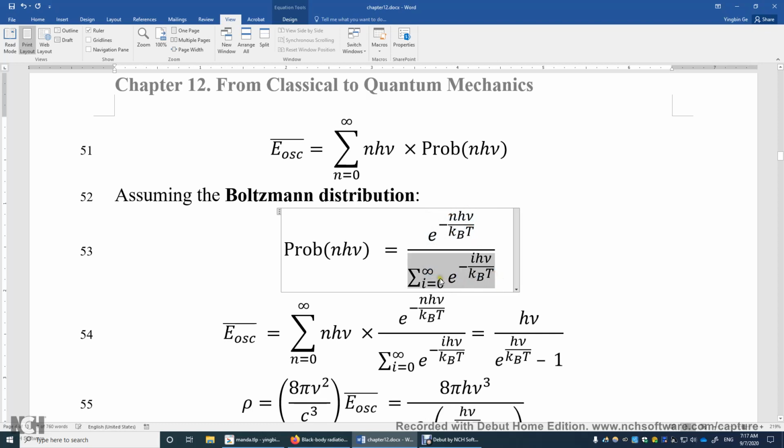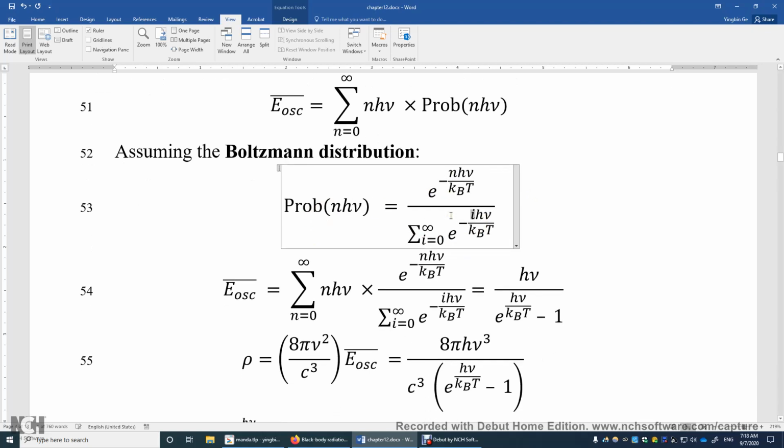Down there, we sum up all possible energies. So this i can be from 0 to infinity. And again, this i is the quantum number. i h nu is the energy of the photon. But now we're looking at the entire range. So this is the probability. And how do we get the weighted average? Well, it's very simple. It's going to be the energy times the probability.